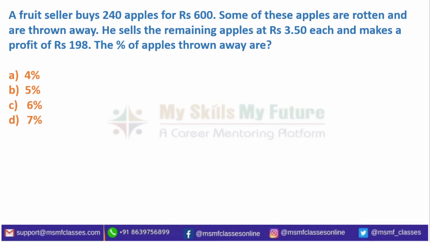He sells the remaining apples at rupees 3.50 each and makes a profit of rupees 198. The percentage of apples thrown away is asked. We have total 240 apples. Among these, some are rotten and some are non-rotten. The rotten ones are thrown aside, and only non-rotten ones are sold.